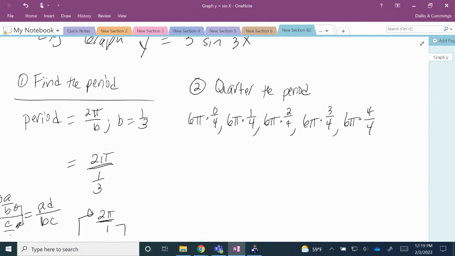Once we simplify, I believe we should have 0, 3 pi over 2, 3 pi, 9 pi over 2, and 6 pi.